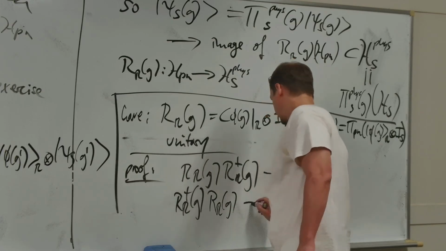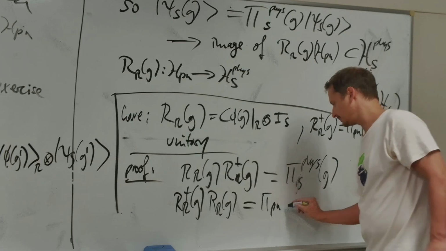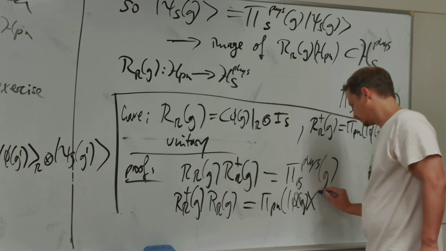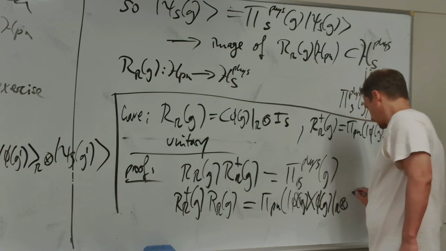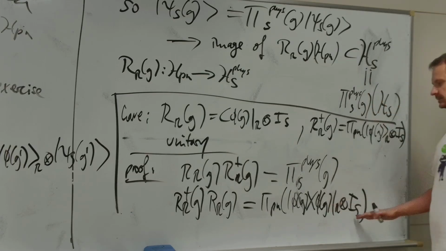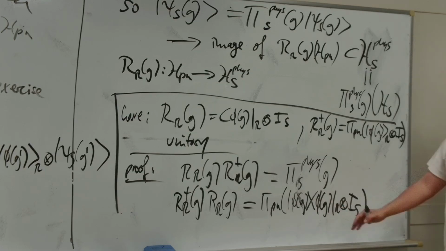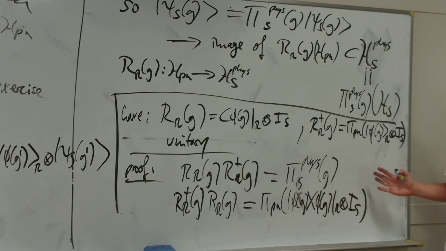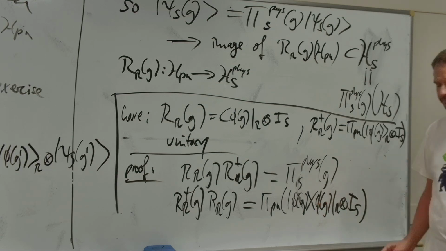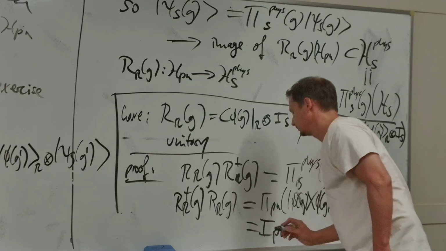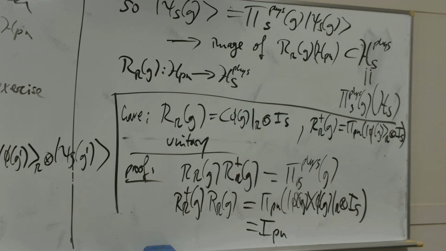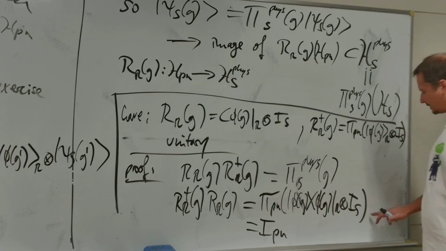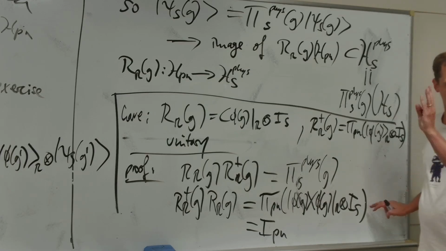And we have R R dagger G, R R G, and this is pi_PN phi of G, phi of G. So it's this here. But then remember that we had previously shown that pi_PN times this thing times pi_PN is equal to pi_PN. So that means that's the identity on the physical Hilbert space. Yeah, so it's unitary. So is that last step clear? This also works for non-compact groups. I can't have the pi_PN here in general because for non-compact groups that's just going to give me divergence.